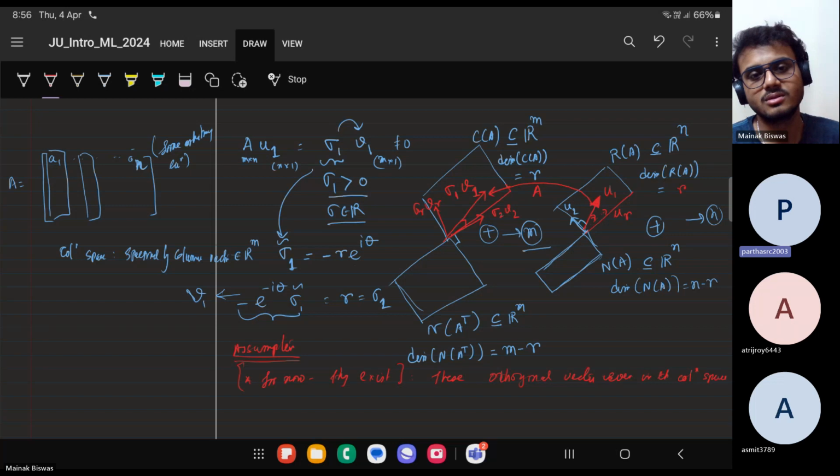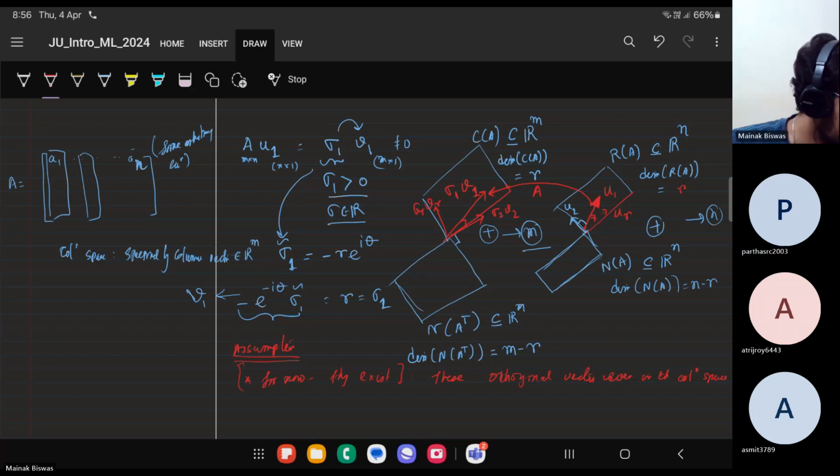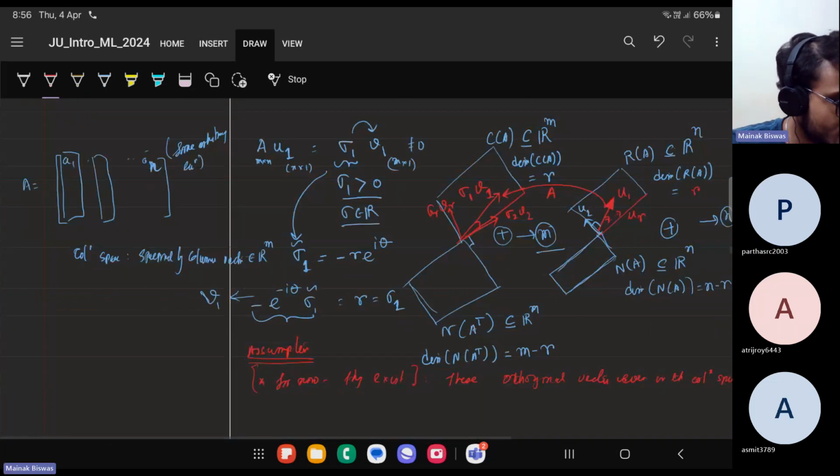If ui is an eigenvector, that is a trivial case. If it is only for symmetric matrices, eigenvector, then it will be true. Yes, okay, not always.